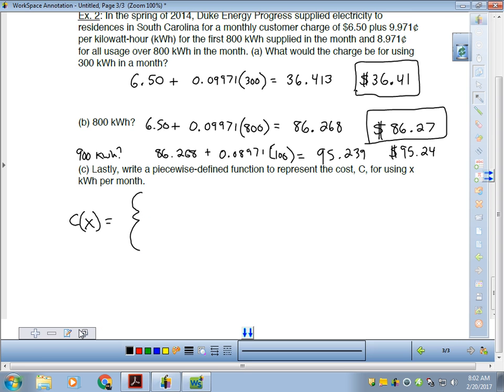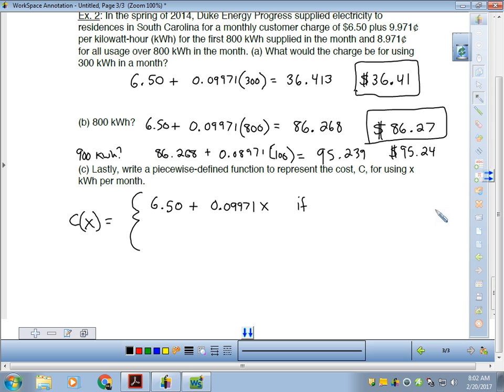So I'll draw my little curly brace there. Now, for this first part, it's actually pretty easy. We know we're going to have a base charge of $6.50, plus we're going to have this 9 cents and this little 9/7 of a cent times X, where X represents how many kilowatt hours we're going to use.